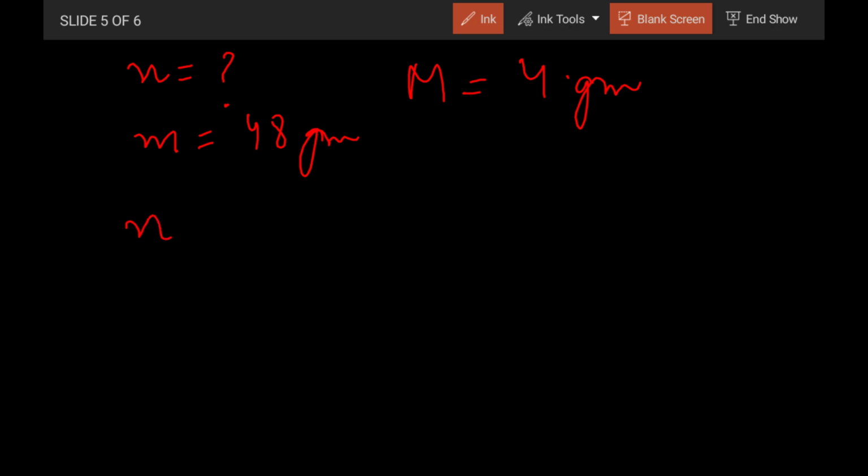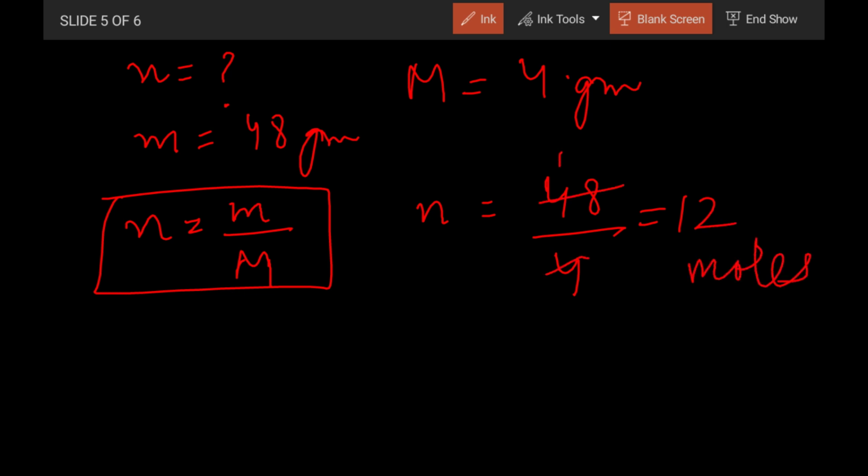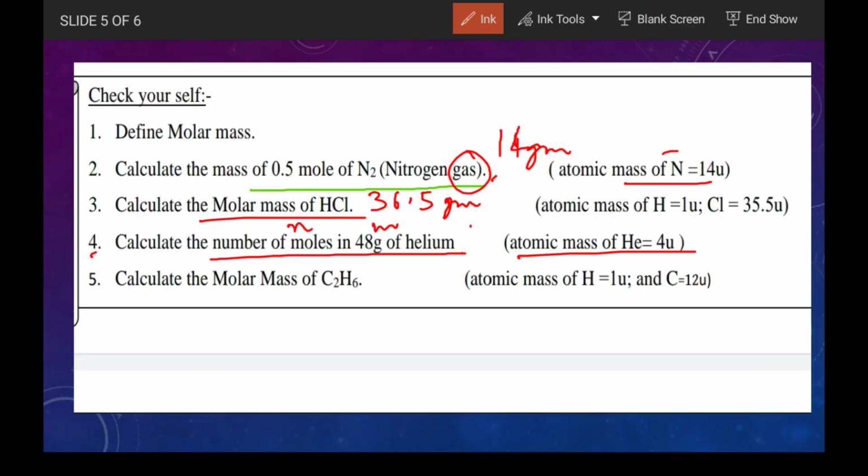Now we'll put the values in the formula. Putting the values, we get n is equal to 48 upon 4, we get 12 moles. Okay beta, so n is equal to 12 moles of helium. We'll write it here also, 12 moles.